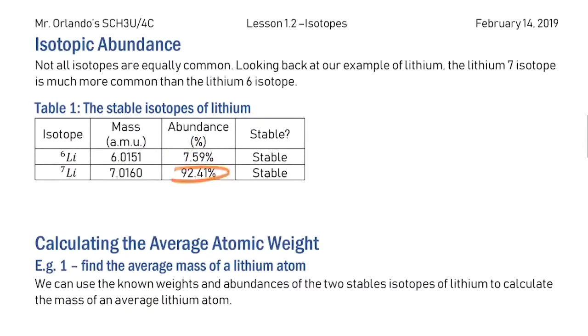All the rest of the time, which adds up to about 92.41% of the time, the lithium we find is the 7 isotope. So they're not equally common. There's a lot more of this than there is of that.